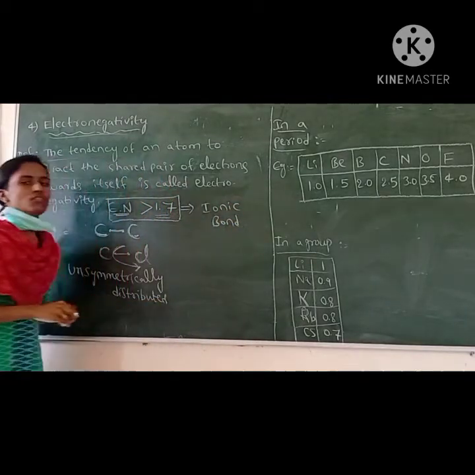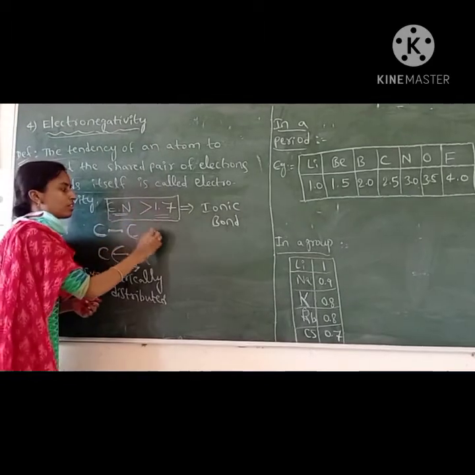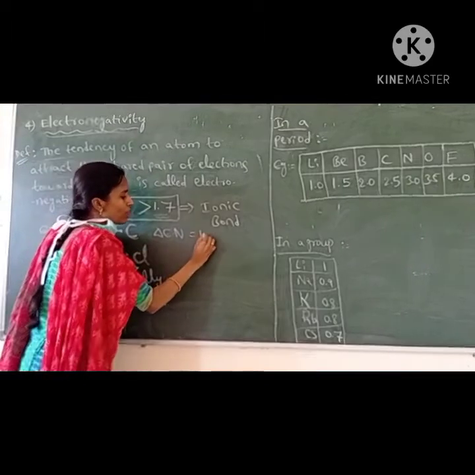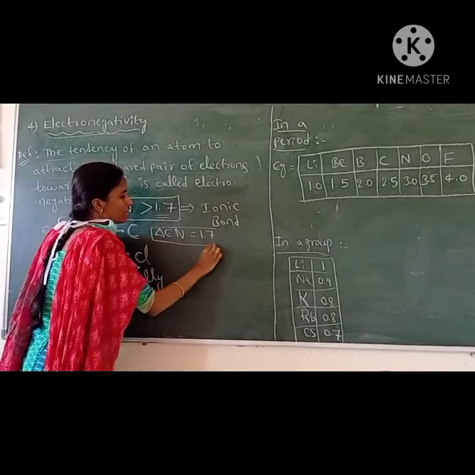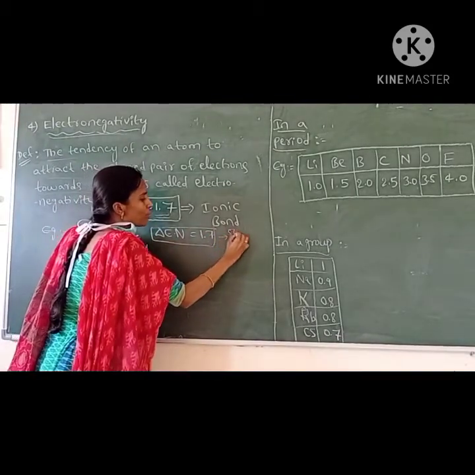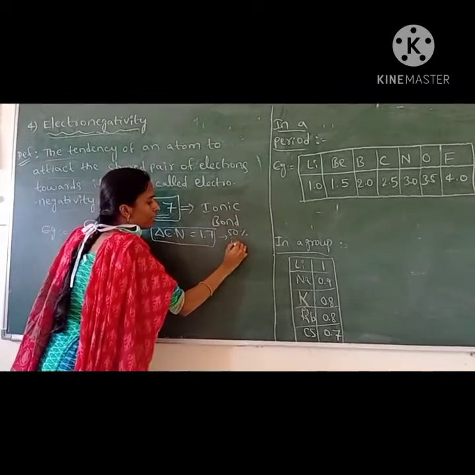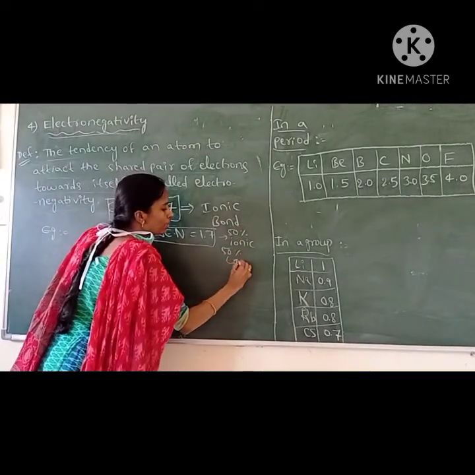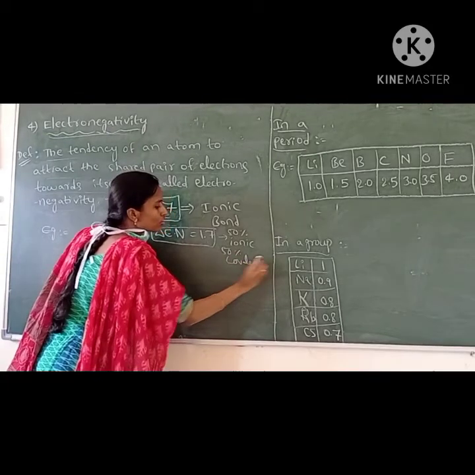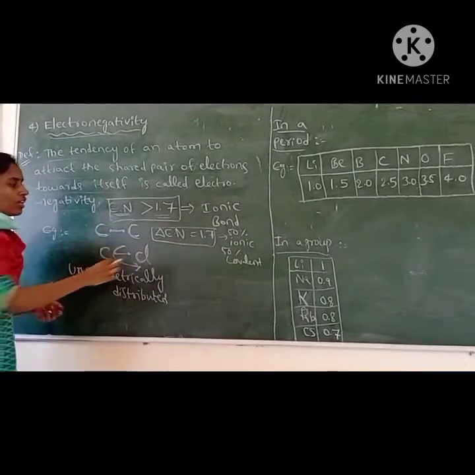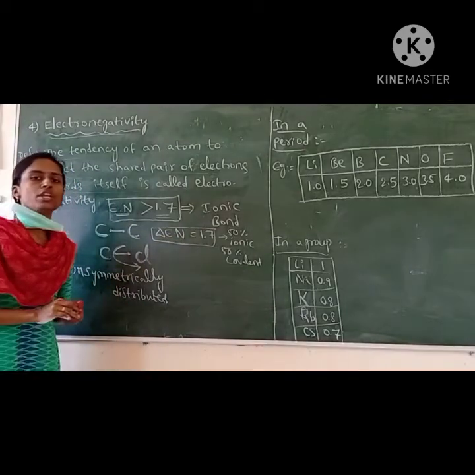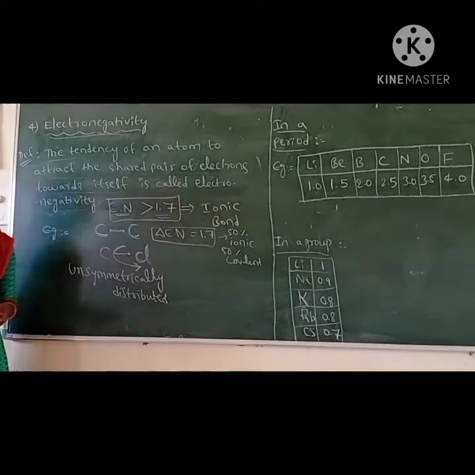And if this electronegativity difference is 1.7, that is 50% ionic, 50% covalent. If less than 1.7, that means the dominating bond nature is covalent bond.